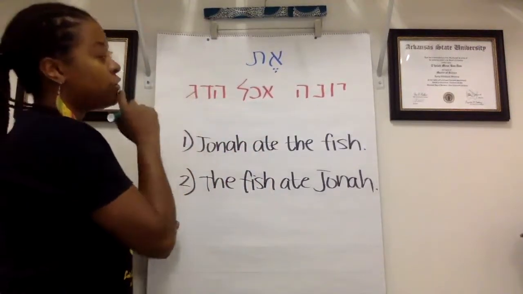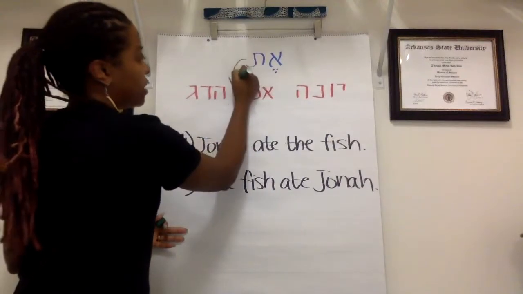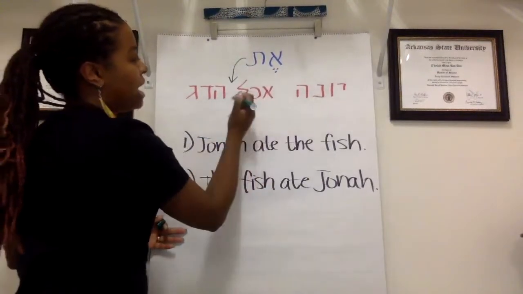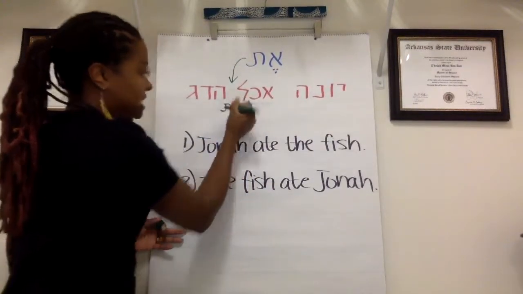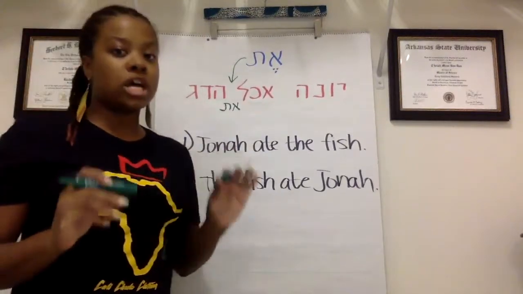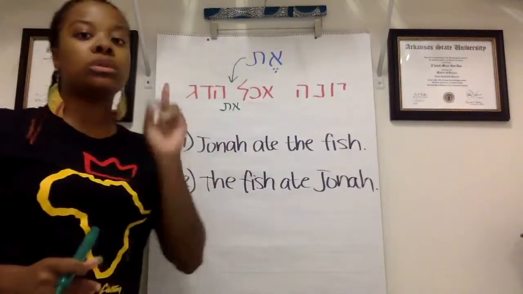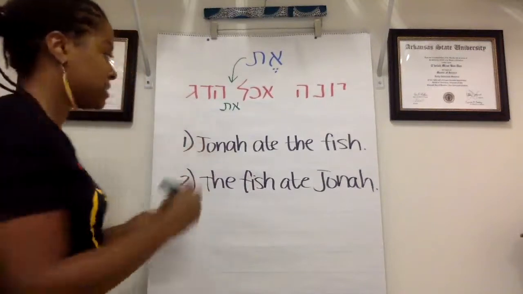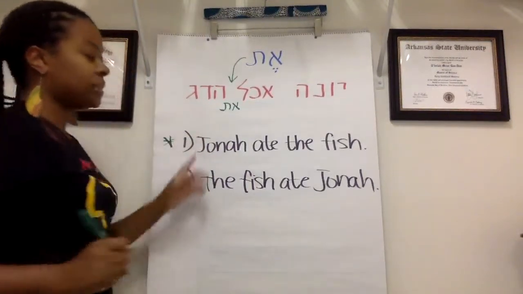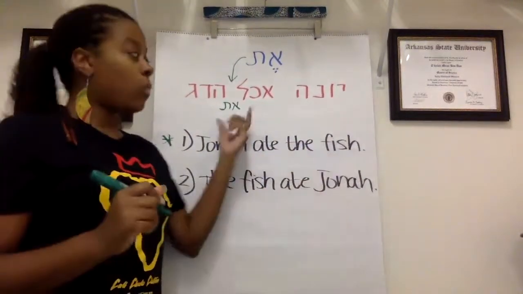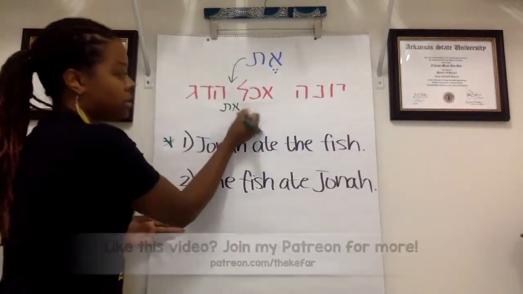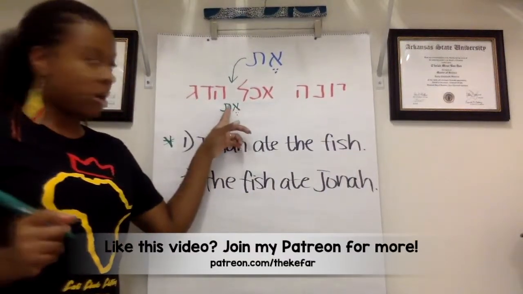So now, if we put the et here, and we have Yonah achal et hadag, it makes it 100% clear, and now there's only one way to translate this sentence, and that's this way, that Jonah ate the fish. Why? Because here's our definite object marker, okay?